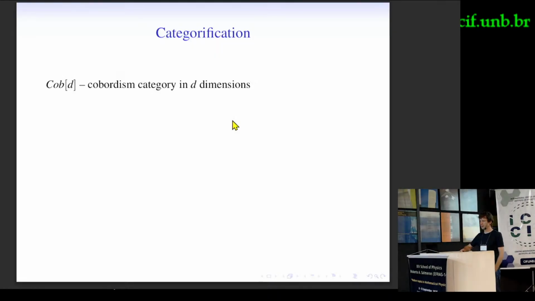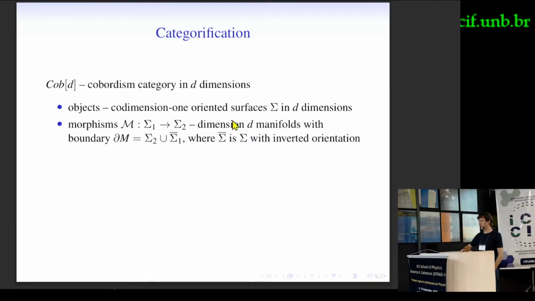And the other category that I will use is called the cobordism category. So what are cobordisms? Objects here will be some oriented compact surfaces sigma with a certain dimension D, and morphisms will be just higher dimensional manifolds whose boundaries are these lower dimensional manifolds sigma, so the objects.